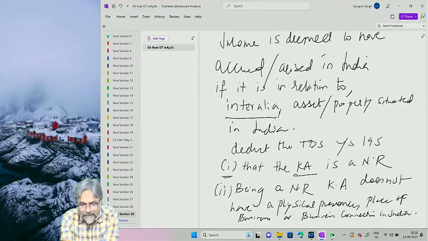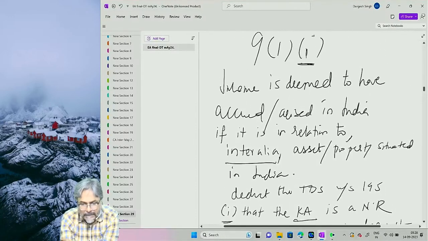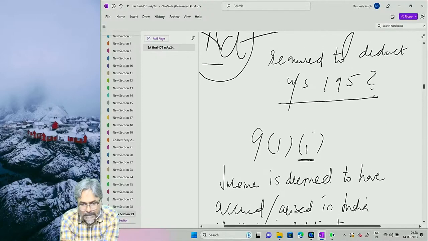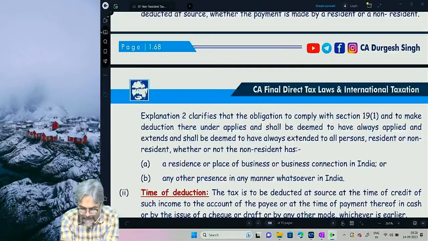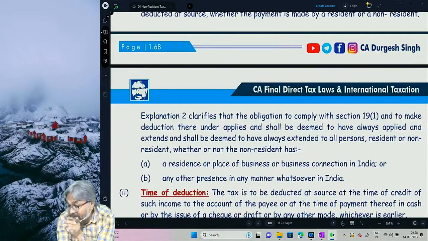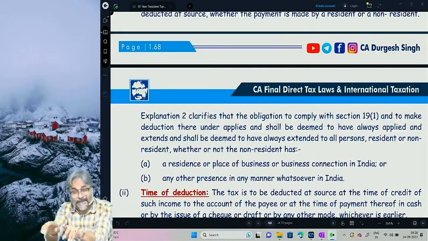Fine, students? So this is what it is at the end of it. With that, we are done with this particular part completely. What we have completed is the first aspect of section 9(1)(i). Inter alia I have written. What is it, inter alia? 9(1)(i) has three things. We have to do 8 clauses in all of section 9, and 9(1)(i) is the first clause. But in it there are three things.